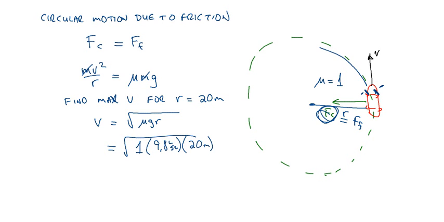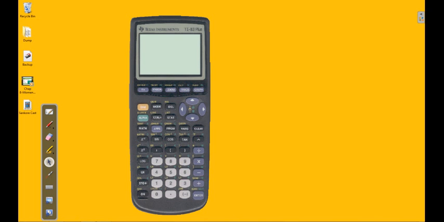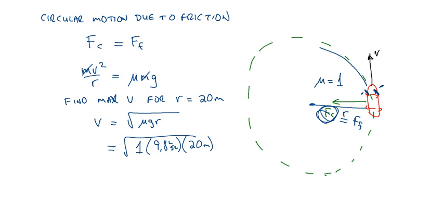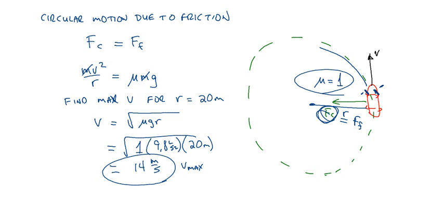I need to do the square root of 196, which would be 14 meters per second. The very fastest that I can go around that curve, if the coefficient of friction is 1, is 14 meters per second.